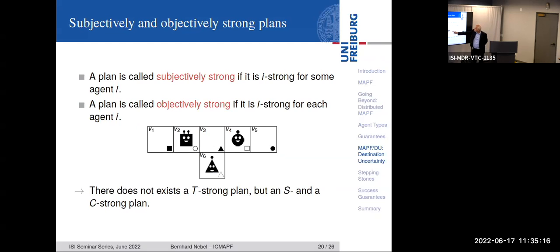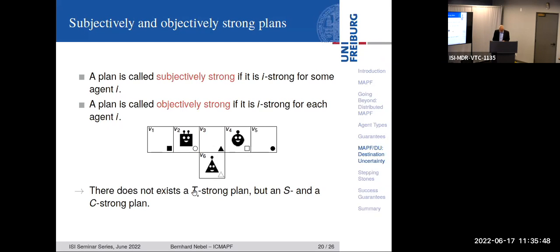But when the circular agent goes first, he goes to V5, makes the shutdown action, and then the triangle agent can go to its own goal. And we are all done. The square agent can just form this plan: I do my first move, and then after that, the circular agent goes to its destination here or here, and then the triangle agent can do its final move.